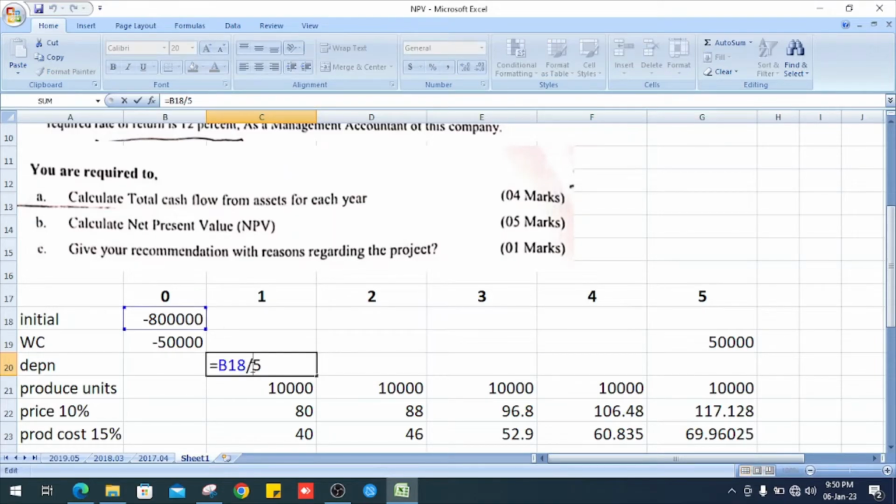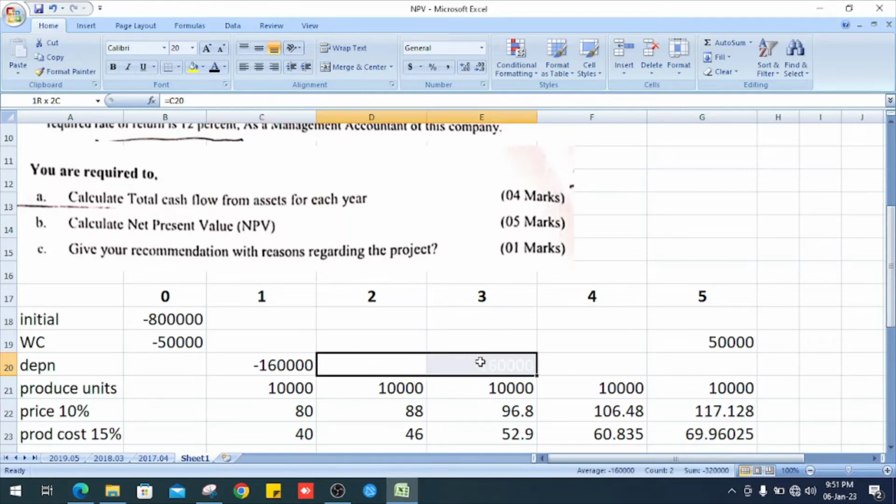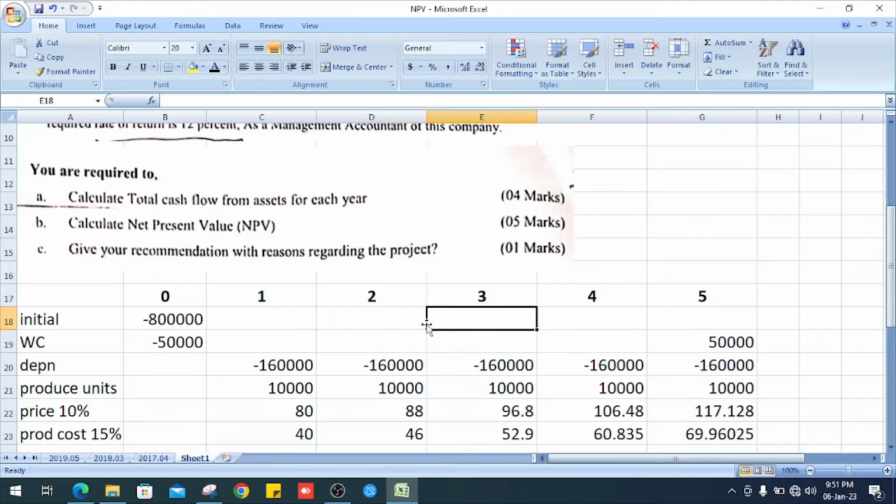The 800,000 divided by useful life of assets, it is 5 years. It is 160,000. So we enter the 160,000 for each year.